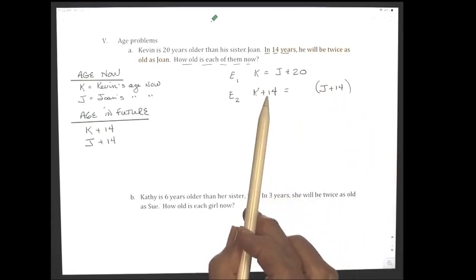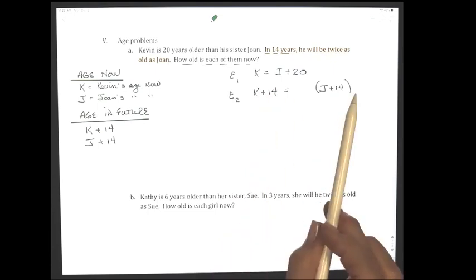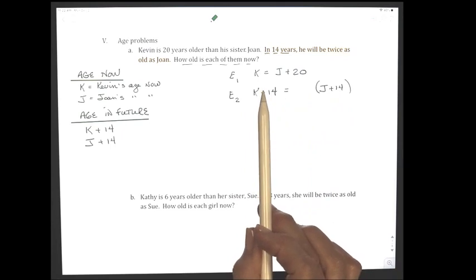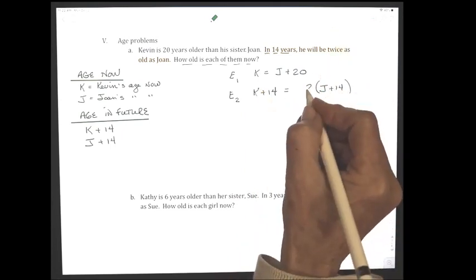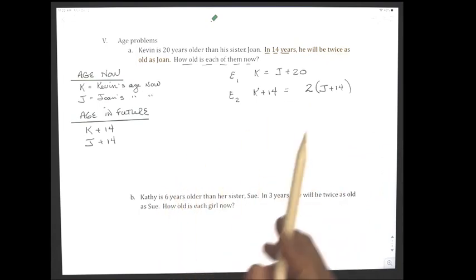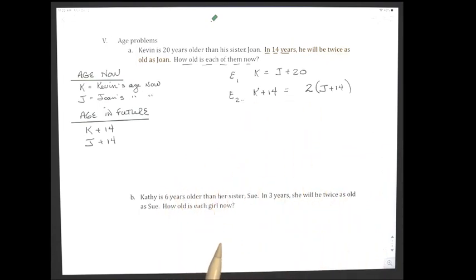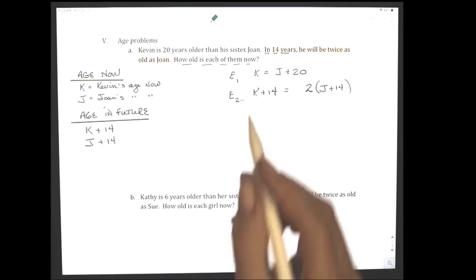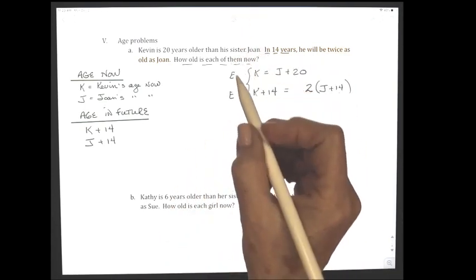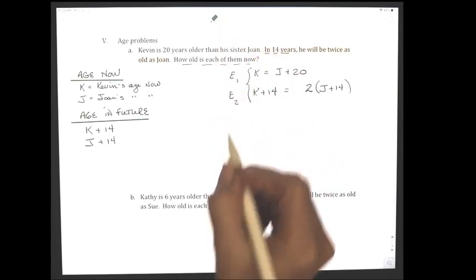And at that point, his age is going to be twice as much as her age. So these are not equal. Again, his age is the greater value. But if I take her age and double it, then it will equal his age. And of course, both of these are still out there in 14 years. So there's our system of equations in two variables, K and J.